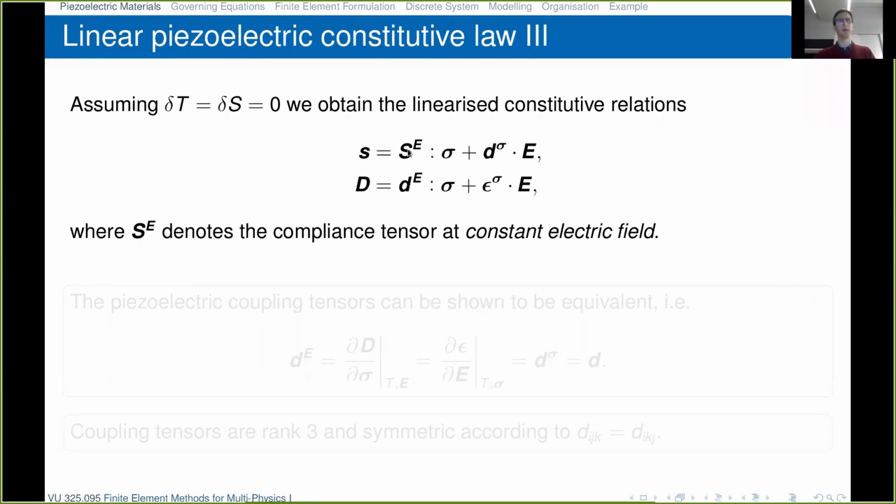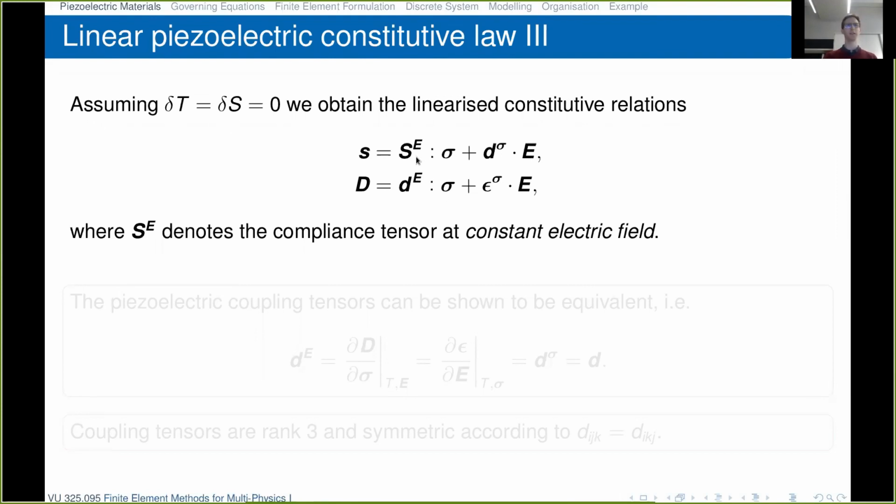Again, to remind you, the tensors are defined as these partial derivatives of the Gibbs free energy with respect to the respective quantities. These can be considered known if we assume this linearized material formulation.